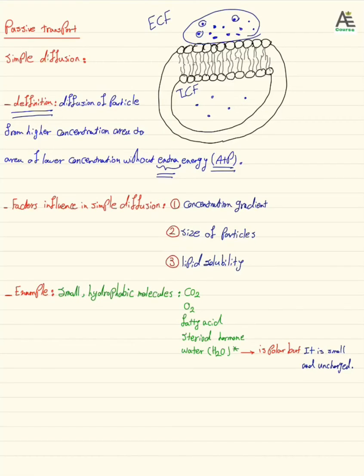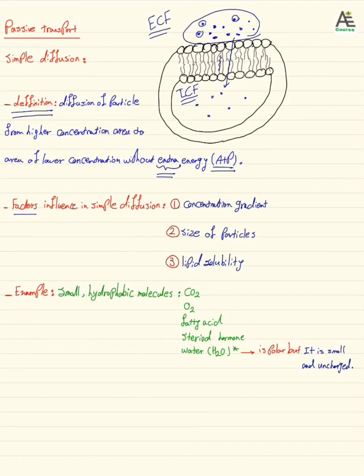Because of that rule I just talked about, these particles want to move from the higher concentration, which is outside of the cell, to the inside of the cell by passing through the lipid bilayer, the phospholipid tails, to the inside of the cells. This diffusion will continue until the concentration of particles in the ICF and ECF become equal, and then the diffusion will stop.